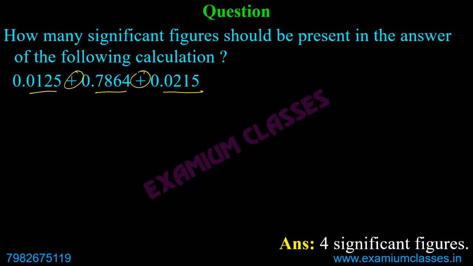It is the minimum number of decimal places. Here all the decimal numbers have 4 decimal digits, here 4, here 4. So in the answer, decimal digits must be 4, but significant figures can be different. In this case, although the answer will be 4, I'll tell you in what case it will be different.